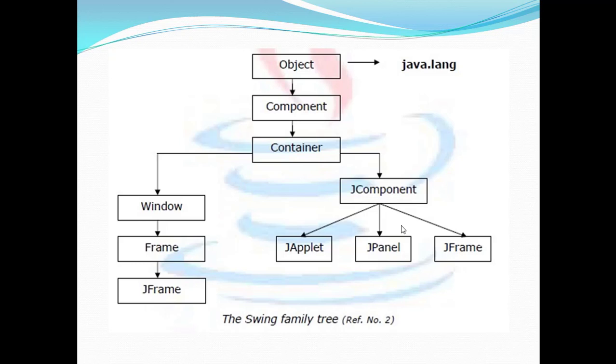Object class is situated in a package java.lang, and after that component and container class. Containers or component subclass is the JComponent, and from that all the swing classes are defined: JApplet, JPanel, JFrame, like this. Here starts our swing package. This is the class hierarchy or swing family tree.